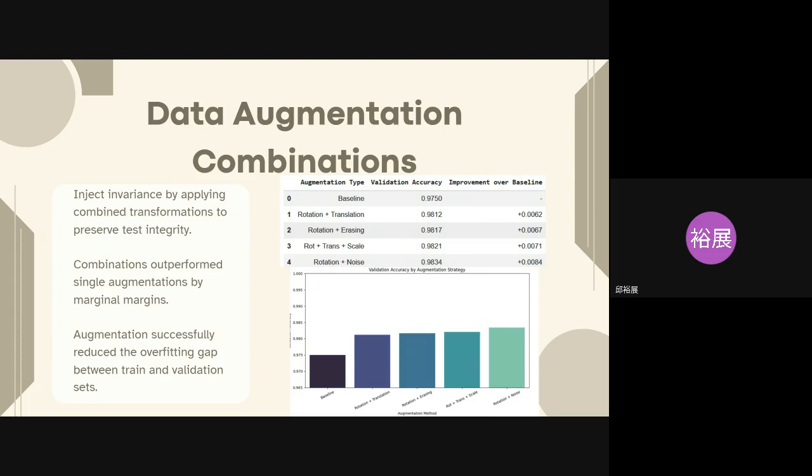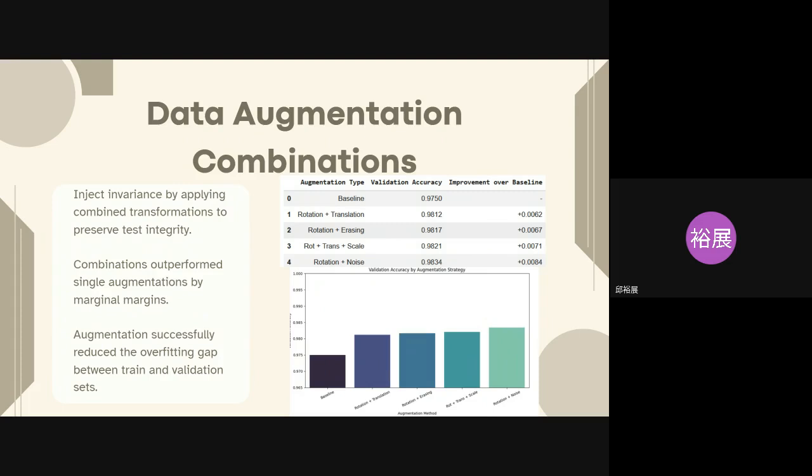In this part, I dive deeper into the augmentation combinations. By training the model with augmentation combinations, we found that the validation accuracy actually is improved, but only by a very, very small margin.